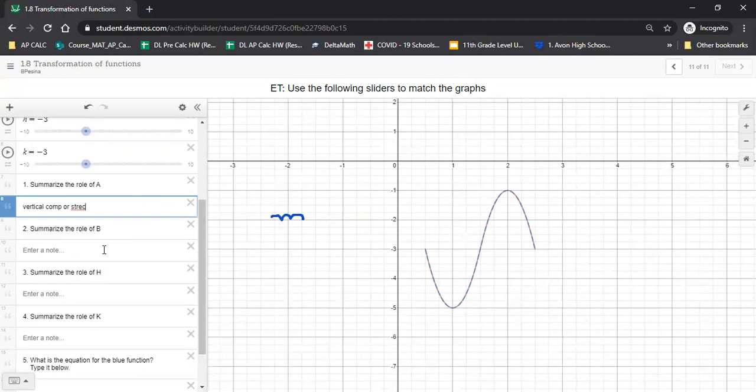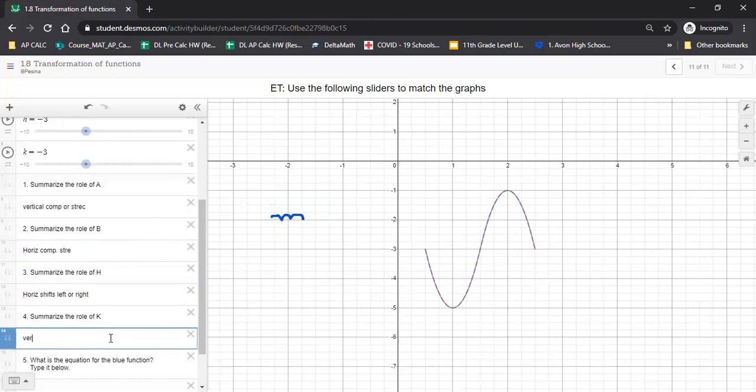My role for B is similar to A, but it's horizontal. Compression or stretch, right? My role for H is horizontal shifts, left or right. My K is vertical shift, up or down.